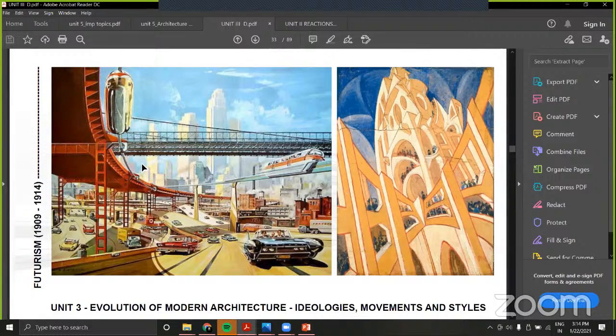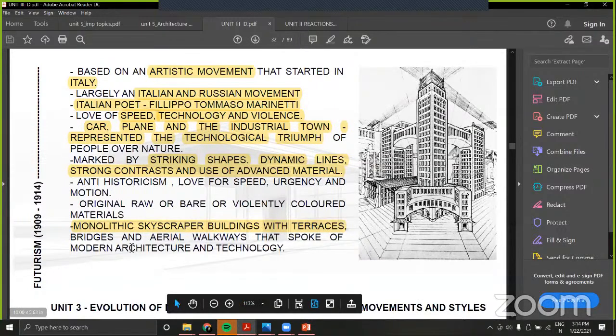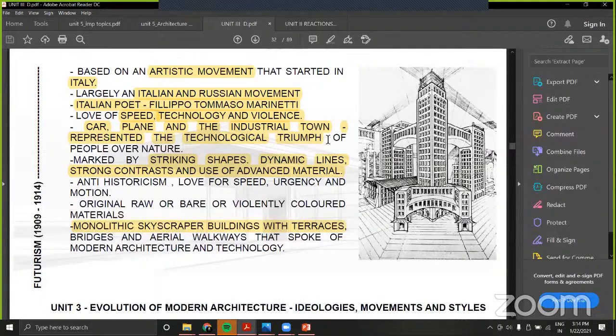Basically, they were striking shapes with dynamic lines, strong contrasts and use of advanced material. As I said, they also wanted a monolithic skyscraper building with terraces, since terraces became famous in this period, from 1909 to 1914.